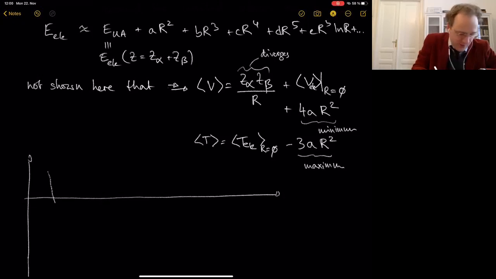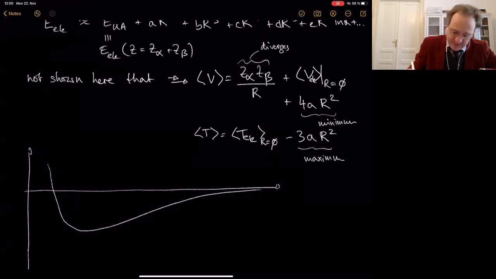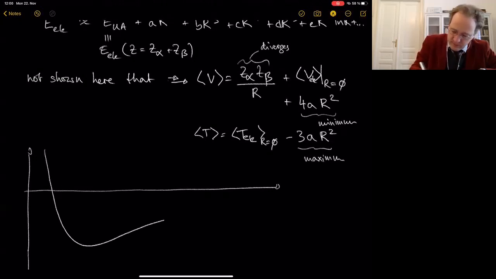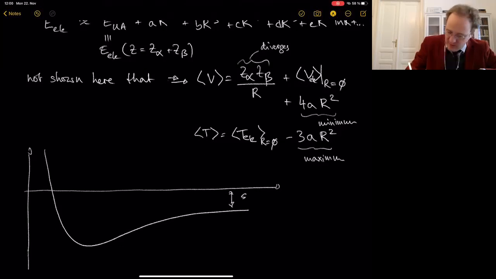We will finish this discussion. So if this is your binding curve, then this is your sum over your free atoms.